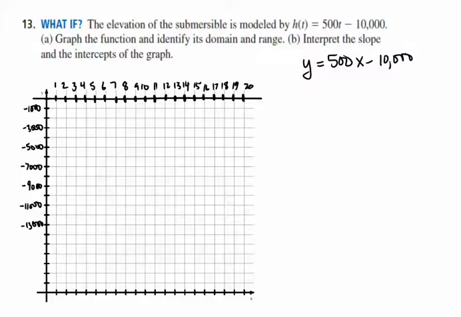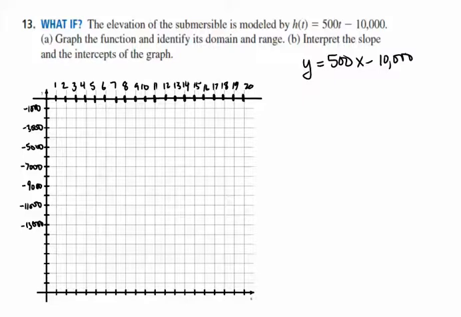So h is a function, which means that the height below the surface of the water at any time t can be determined by plugging in the value of time, how many minutes after the submersible begins its ascension from the floor of the ocean to the surface of the ocean.